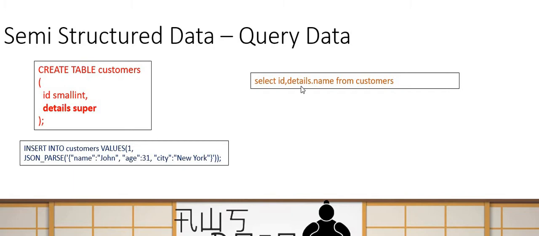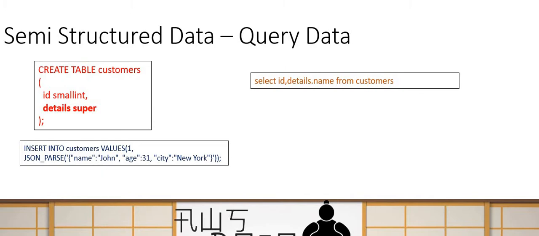Very simple. Details is giving me access to the root of the document, and after that I can simply say details.name. That will give me the value of John over here, because that's what you're trying to query.